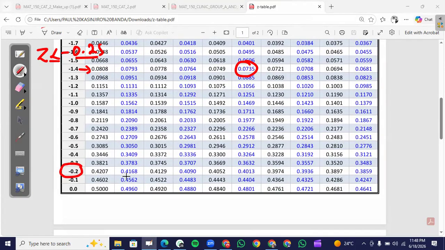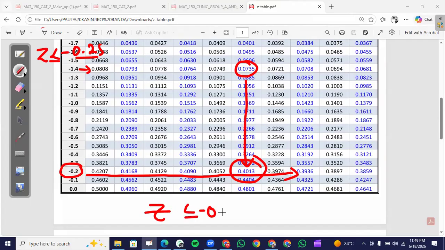I go to the right like that, and this was the column for the 0.01. So I'm coming down in this column. You see that this row and this column are meeting there. So that is the answer there, the probability that Z is less than or equal to minus 0.25.